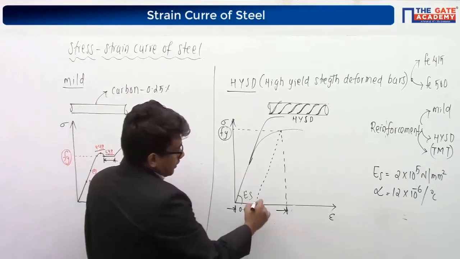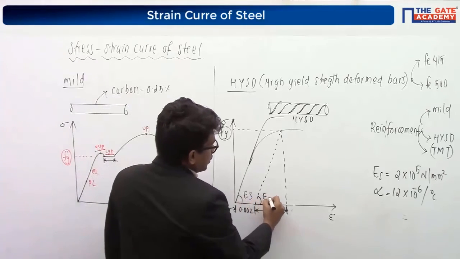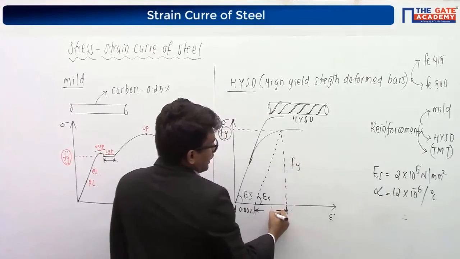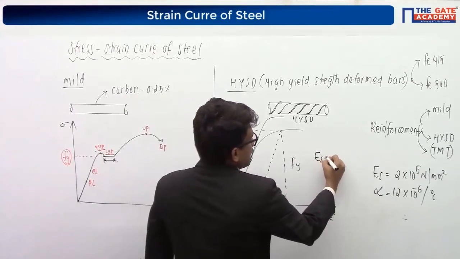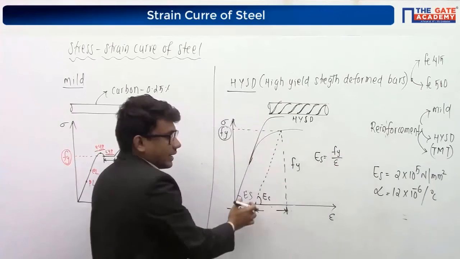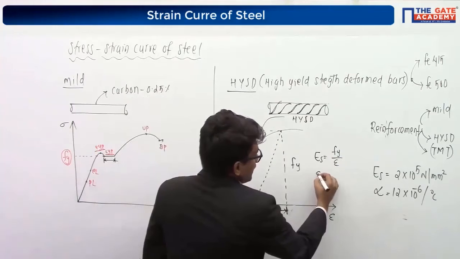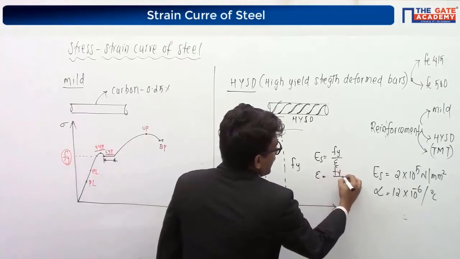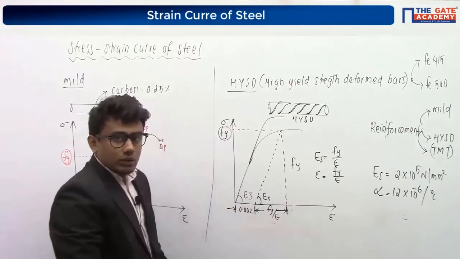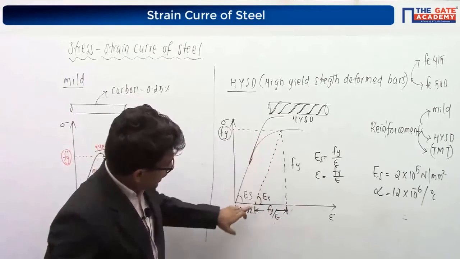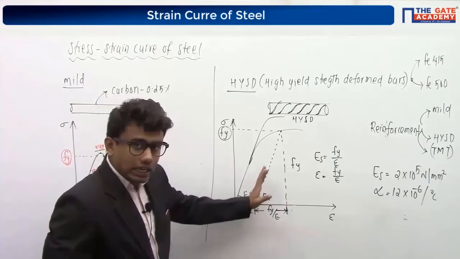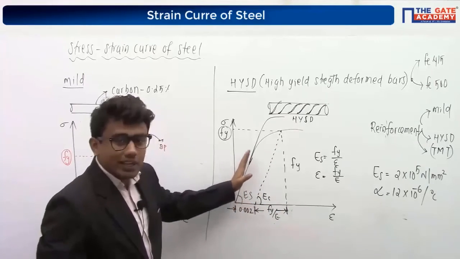As we have discussed, this is Es and this is also Es. This value will be Fy. We have to calculate this strain value. We know what Es is: Fy divided by this strain value. This is a right angle triangle. From this, epsilon is equal to Fy divided by E. How did I write this? We have a triangle here. If this is Es, this will also be Es, because we are drawing a line parallel to the initial straight portion, right?